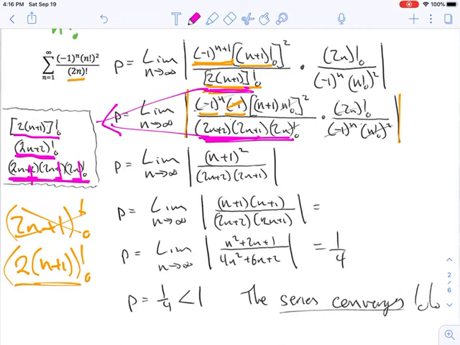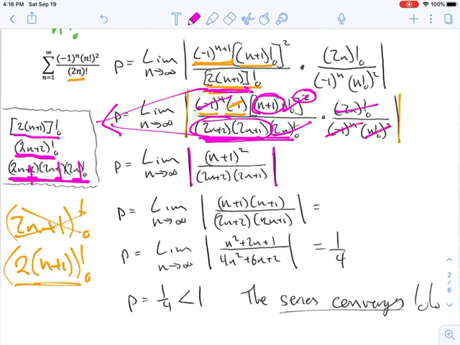So 2n factorial and 2n factorial. We've got n factorial squared, the negative 1 to the n, the negative 1 to the n. And so what we're left with is this n plus 1 squared all over this stuff down here.